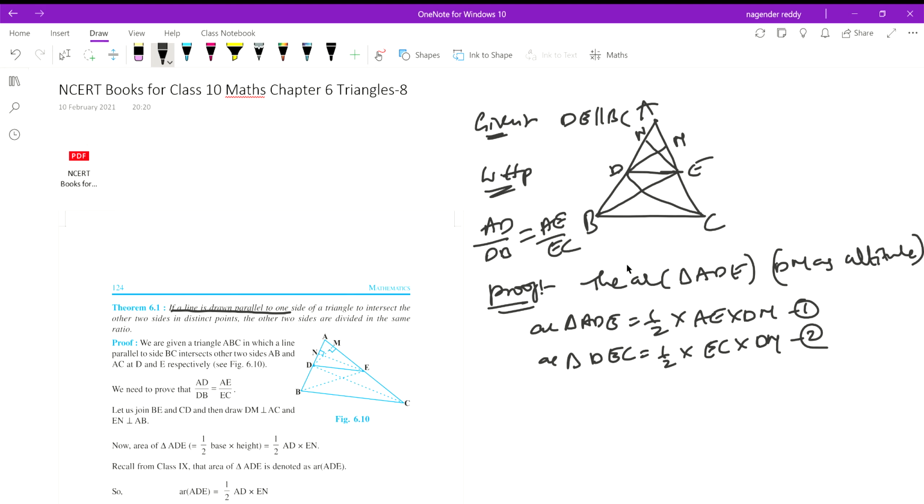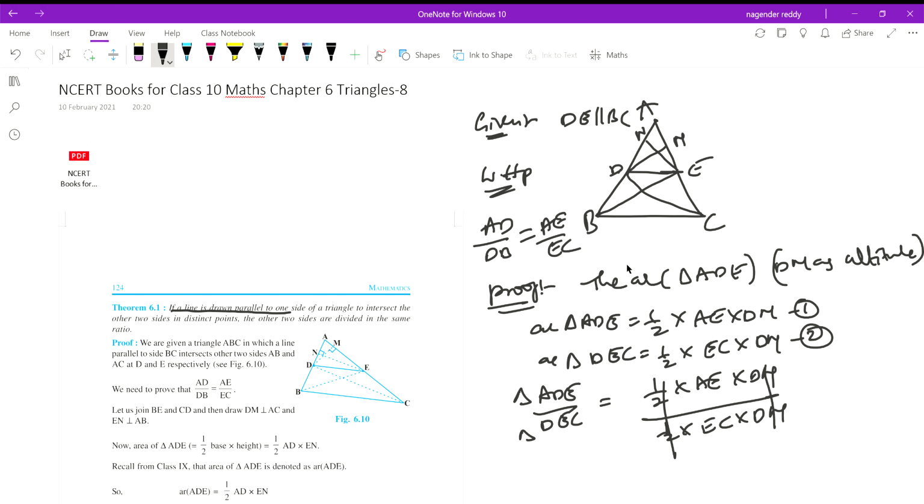Consider this equation 2. Now the area of triangle ADE by the area of triangle DEC is half into AE into DM by half into EC into DM. These will get cancelled, and we have AE by EC. I'll call this equation 3.